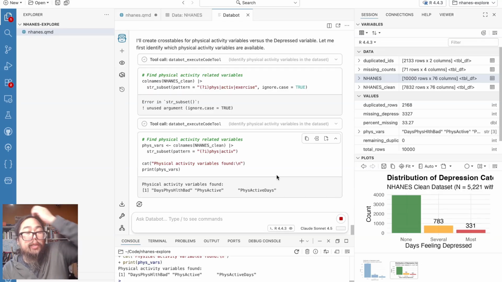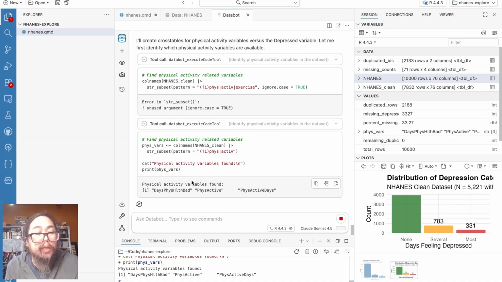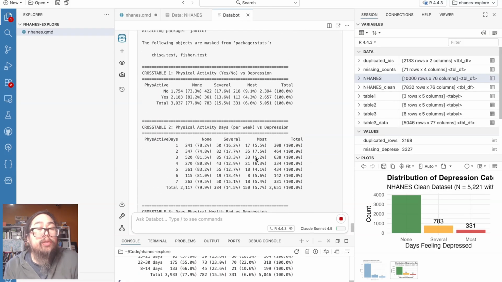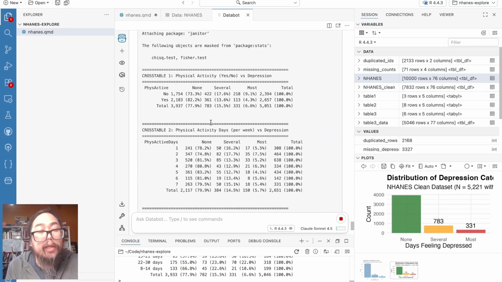Okay, so it identified a few of these physical activity variables. One is called physically active. The other is number of physical activity days. It's made some cross tables here.